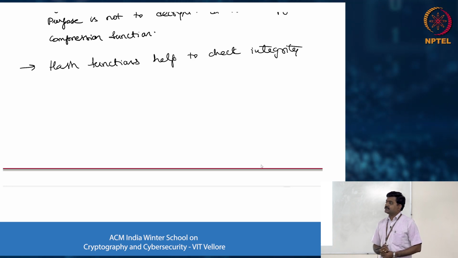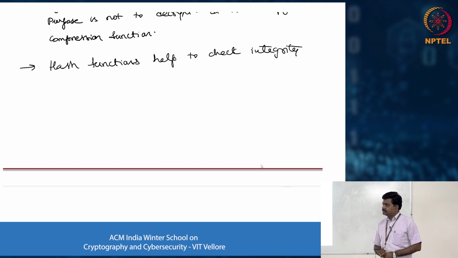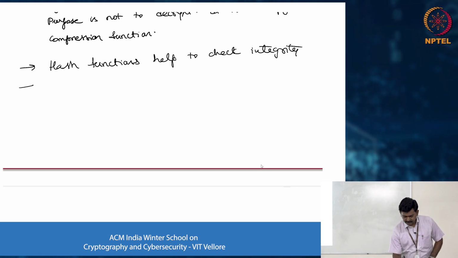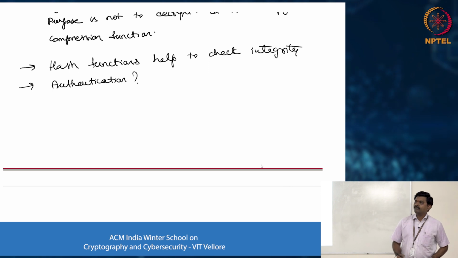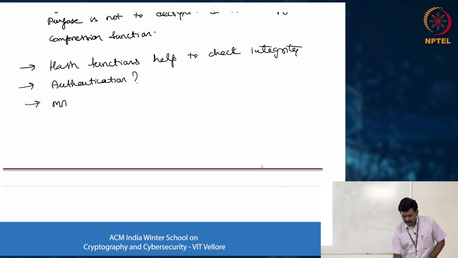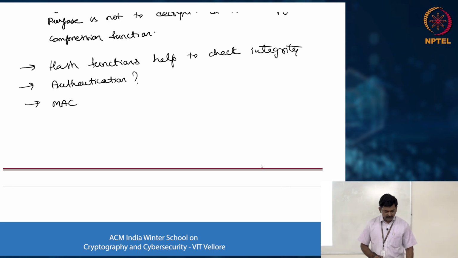Now the question is, who sent this message? Authentication, right? How to achieve authentication? For that purpose, we have a set of codes called message authentication codes, called MAC codes.